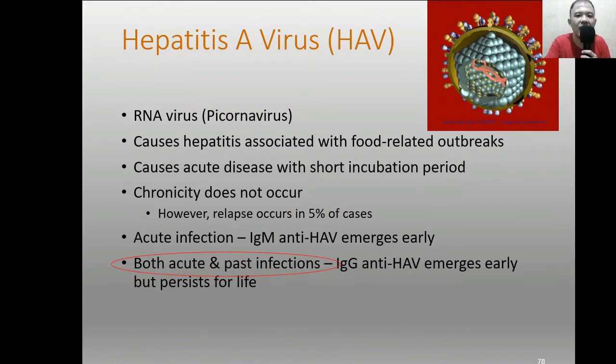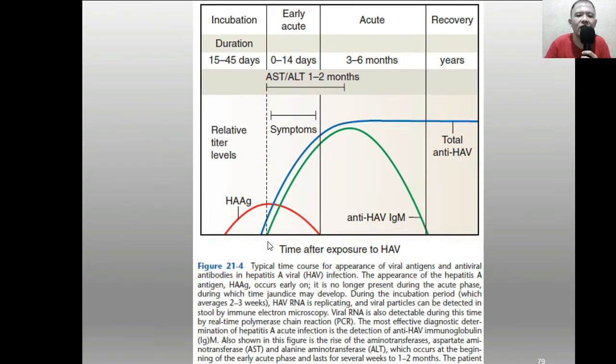So again, hepatitis A is foodborne, fecal-oral route. Take note that chronicity does not occur. Acute infection is shown by the IgM. So here is the figure.